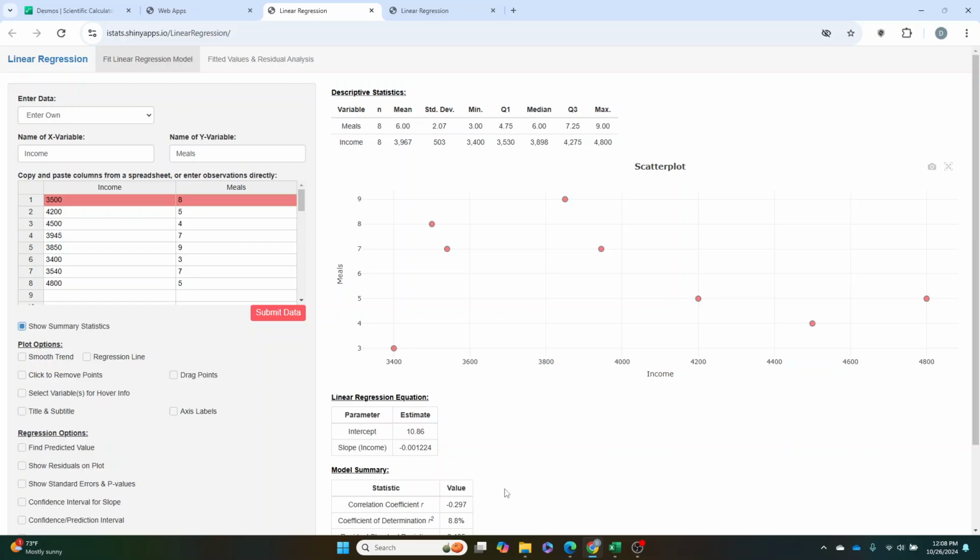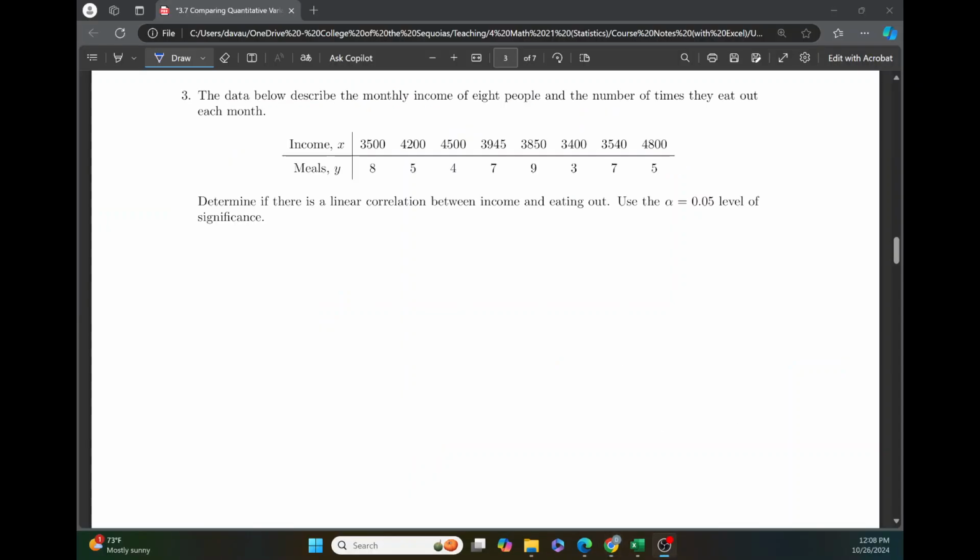So let's write that down. Let's write down our hypotheses and we'll write down our correlation coefficient. And then we'll run the test. So our null hypothesis, rho equals 0. Our alternative, rho does not equal 0.